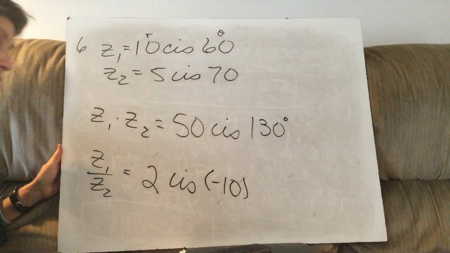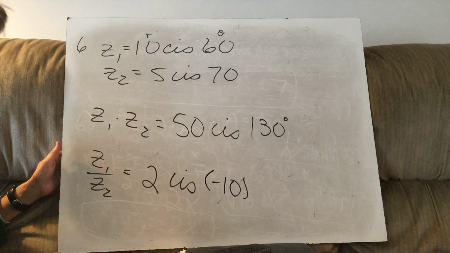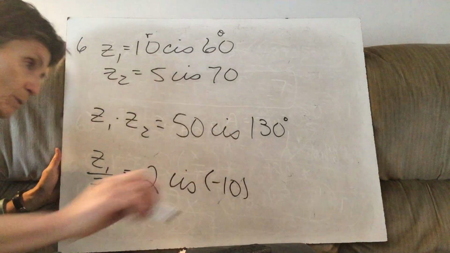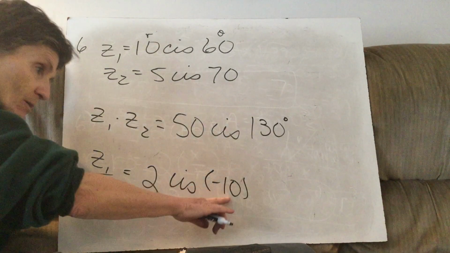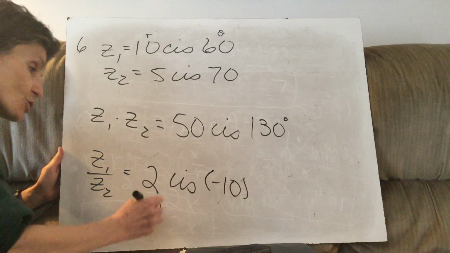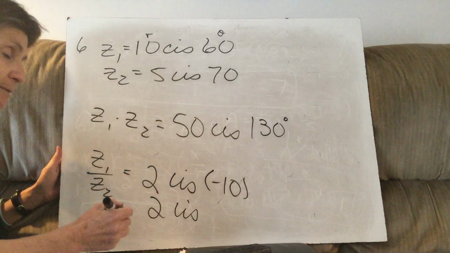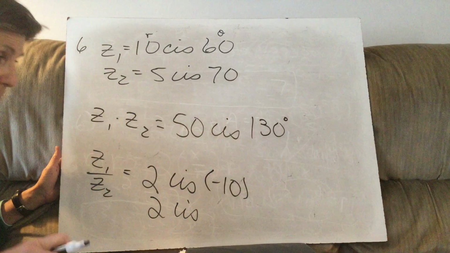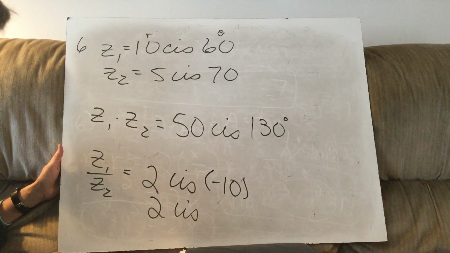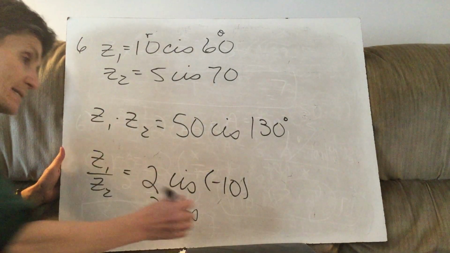Well, this happened to us before. You can't have an angle less than 0. So to make that angle positive, we simply find its positive coterminal angle, and we do that by adding 360.